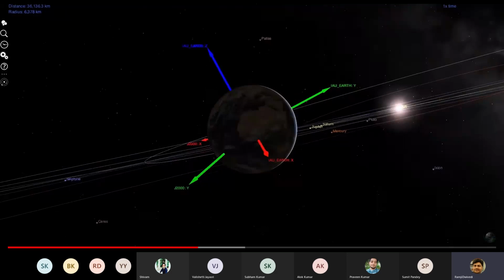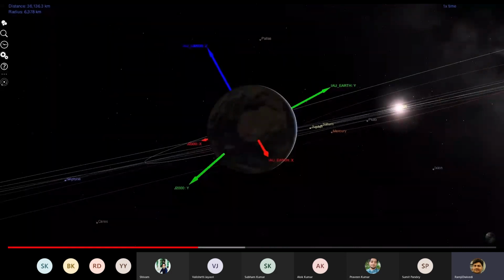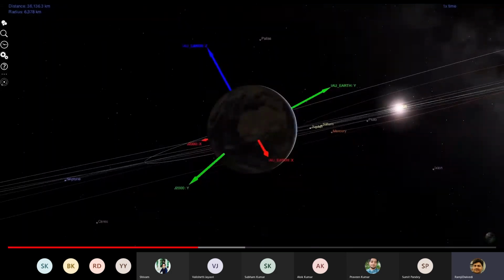The X in the Earth-centered fixed frame represents the intersection of the zero meridian with the equator. But in the Earth-centered inertial frame, it is the intersection of the equatorial plane with the ecliptic plane, the plane of Earth's orbit around the Sun. So both X axes would be different.